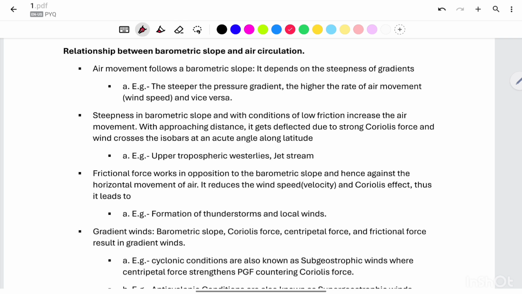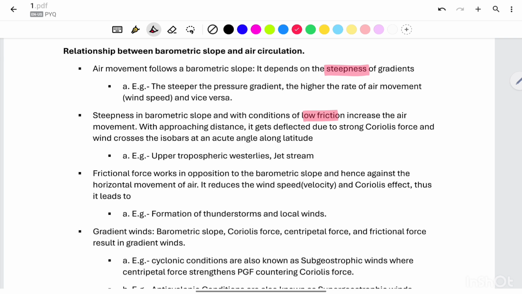Apart from steepness, what do we want? We want low friction. And when there is low friction, with distance it gets deflected due to a strong Coriolis force, and wind crosses isobars at acute angle along the latitudes.